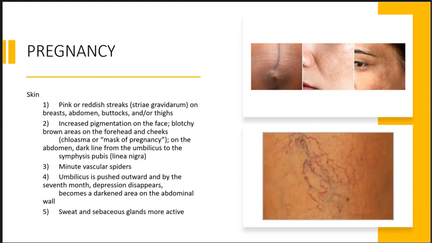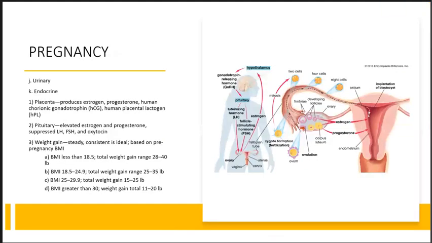And finally, the sweat and sebaceous glands become more active. With the urinary system, there's going to be frequency of urination and stasis as a result of the pressure of the pregnancy. In the endocrine system, the placenta begins to produce estrogen, progesterone, human chorionic gonadotropin, and also human placental lactogen hormones.